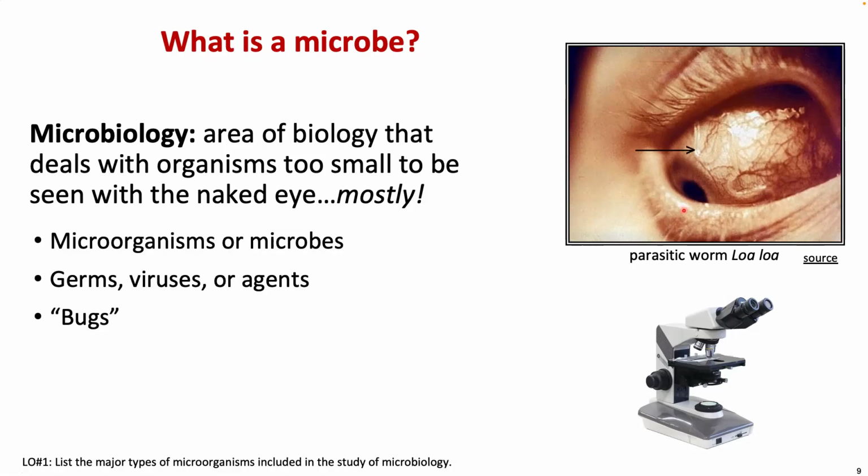Basically, this worm, Loa loa, causes a disease called loiasis, and it is passed on to humans through repeated bites of deer flies. So from here we can appreciate how microbes can never be seen by the naked eye, but we have to see them through the microscope.